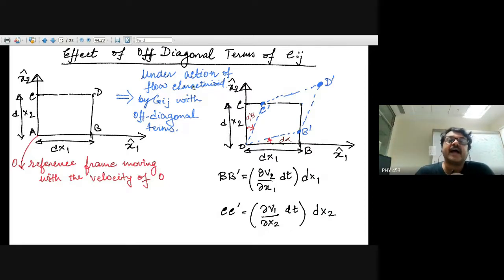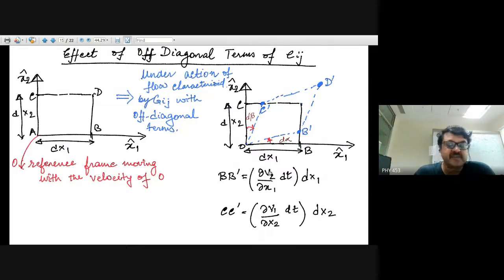And under the action of the flow characterized by Gij with off-diagonal elements, this fluid element will deform, where C would have moved, suppose, to C dash, and B has moved to B dash, and this point O remains unchanged.